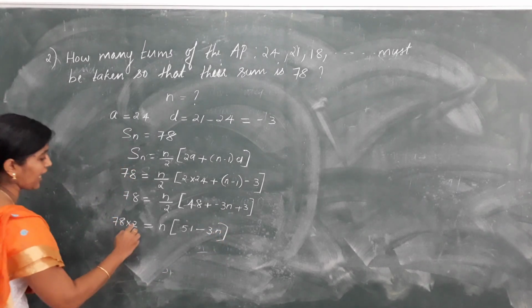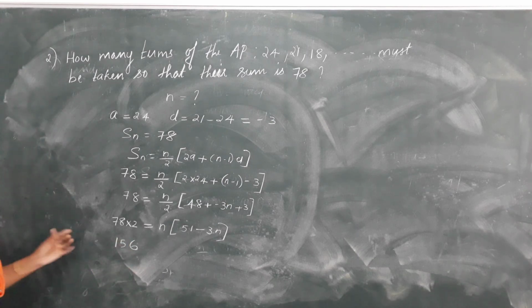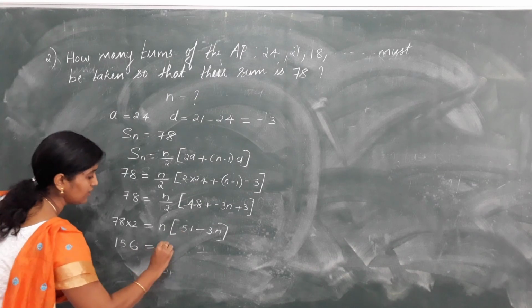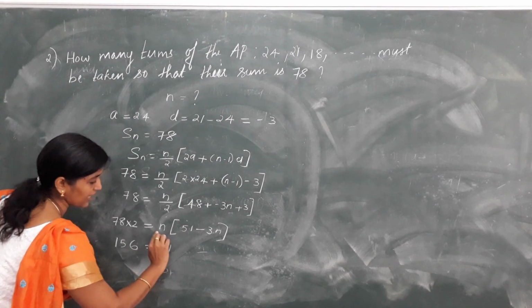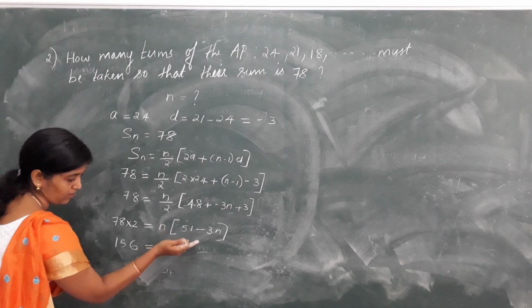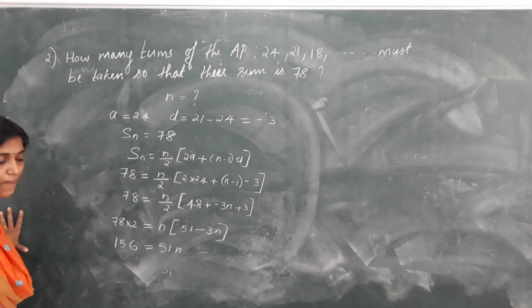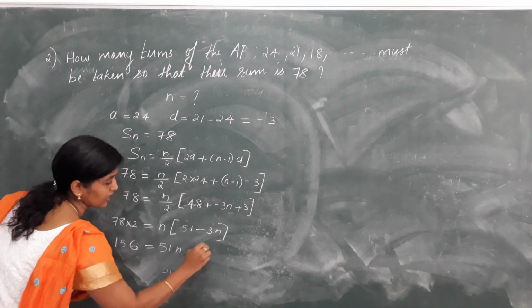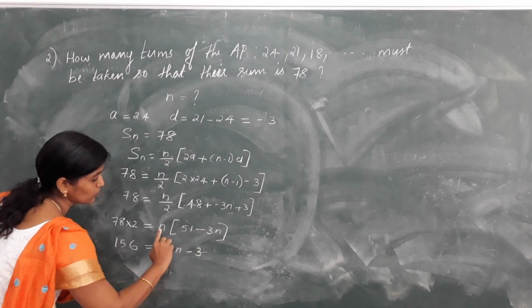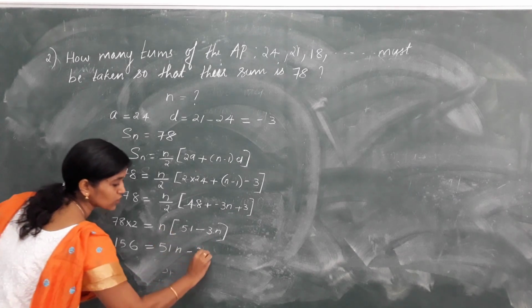So again 78 into 2 you will get as 156. That's equal to 51 minus 3n, all into n. Again I am going to open the bracket, giving the n: 51 into n, which is 51n, minus 3n into n, which means you will get minus 3n square.